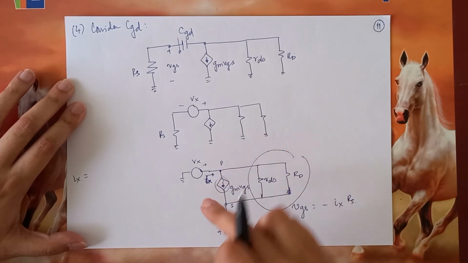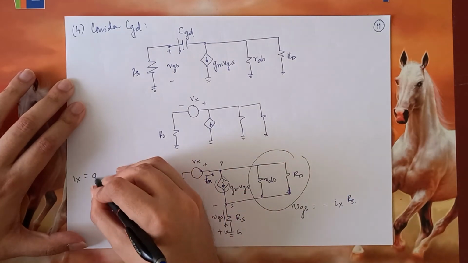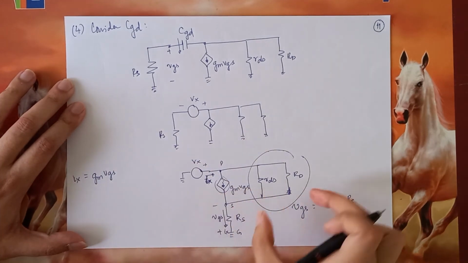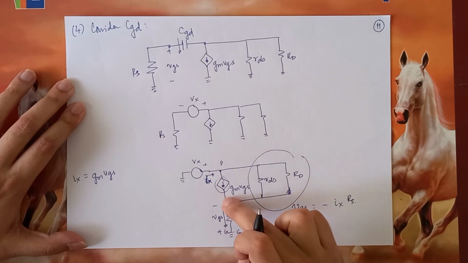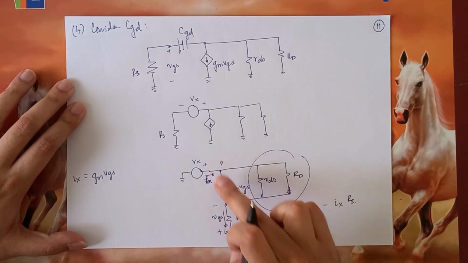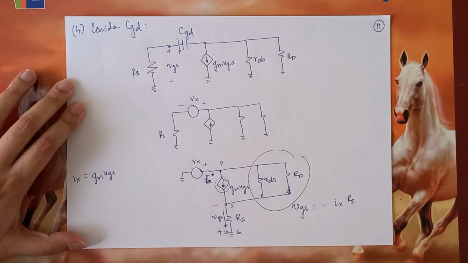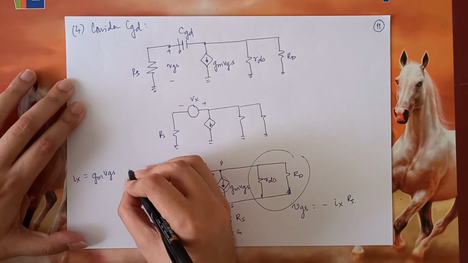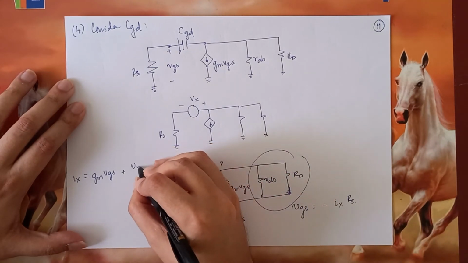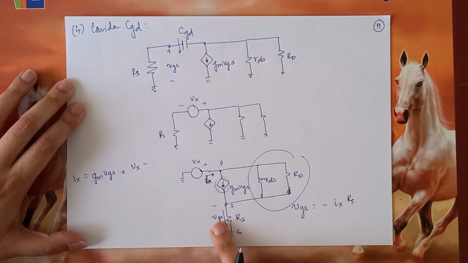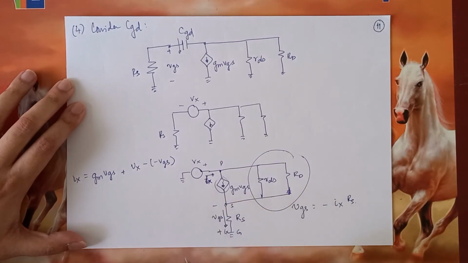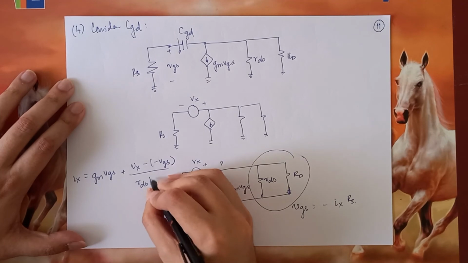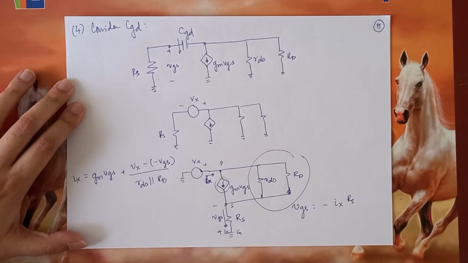So therefore, this will be gmVGS, this current plus the current in this branch. And in this resistance branch, the current is nothing but the difference of voltages between these 2 points divided by the parallel combination. So this will be this plus Vx minus VGS, because here it is minus, divided by the parallel combination of these two, that is RDS parallel to ID.